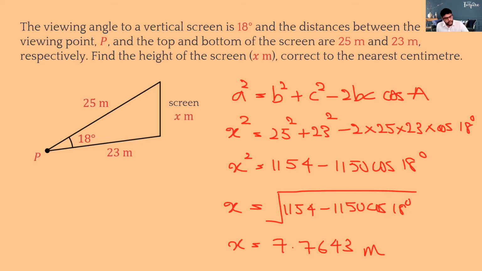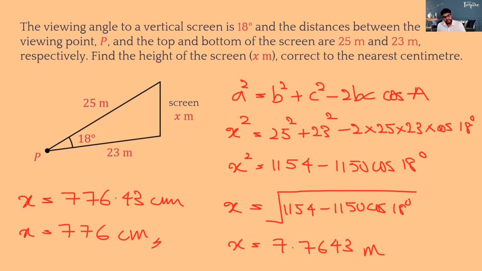In centimeters, what do you have to do, children? You have to multiply by 100, right? So you get 776.43 centimeters. To the nearest centimeter, the answer is 776 centimeters. So that you all got the right answer.